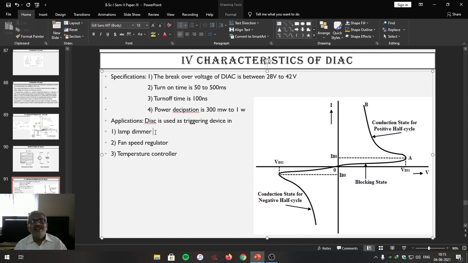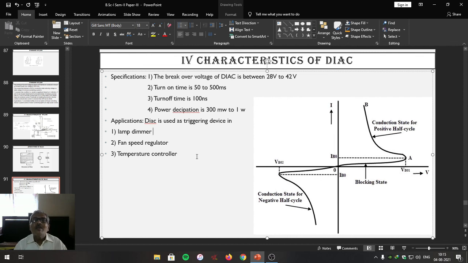It is used as a triggering device to the triac. It is used in fan speed regulator. Friends, the fan speed regulators we are using nowadays include the diac. And also it is used for temperature controller. Again, triggering device. So these are the applications of the diac.